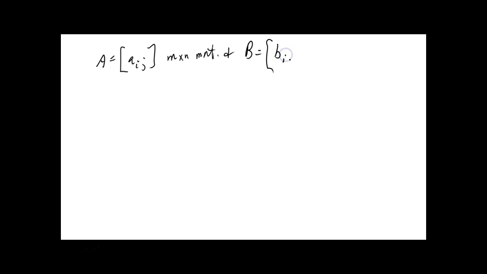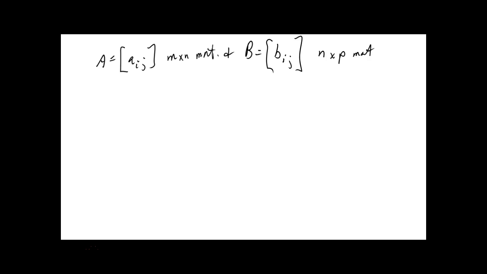Don't let that fool you, okay? Here's where the important thing is. B is a N by P matrix, okay? Now, I really don't like using the same subscripts if they stand for different numbers, okay? It's fine in addition, subtraction, because they are standing for the same numbers, okay?